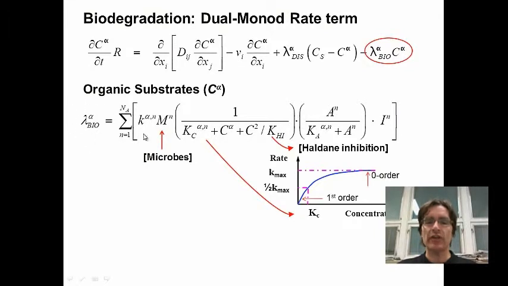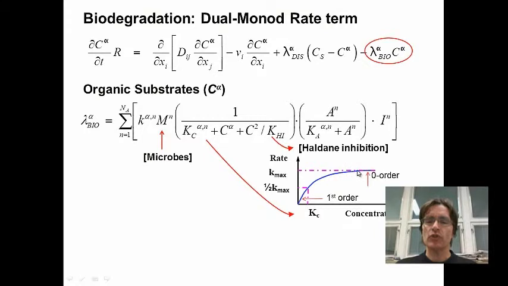So we need this lambda term now to be a function of each electron acceptor, A, as well as some other terms here involving the concentration of its component. So for our lambda, we have a rate term. It has to be dependent on the microbes as well. If there are no microbes, we can't have any degradation. Our half utilization rate term here is a concentration we can use to adjust this function.